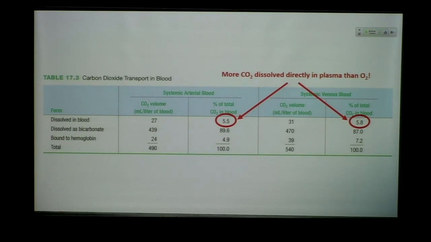Remember, we talked about only 1.5% of oxygen being circulated in the blood. Here we've got 5.5% of CO2 circulated. But the majority of that CO2 is circulating via that carbonic anhydrase mechanism. And to a lesser extent, we can have it freely dissolved or bound to hemoglobin.